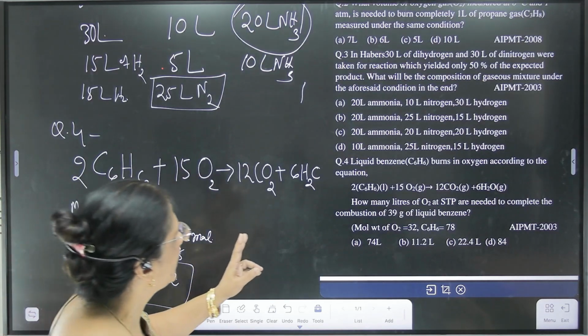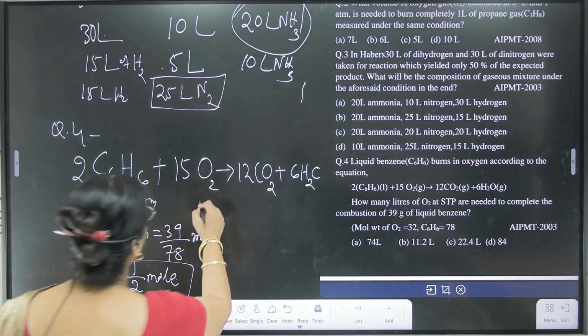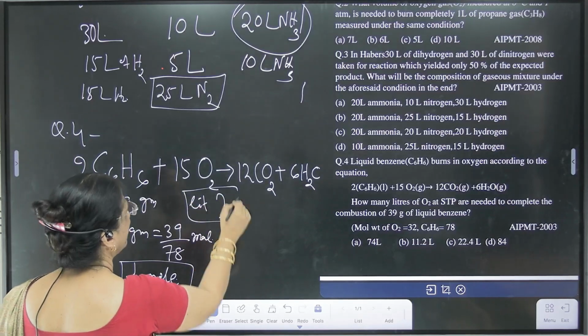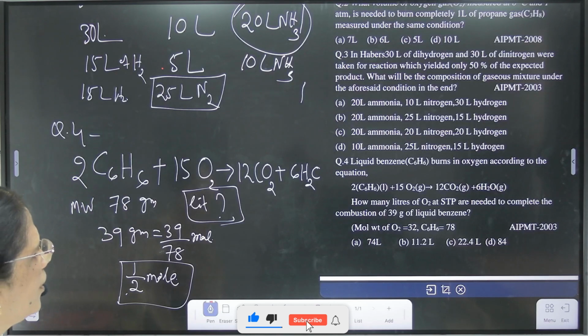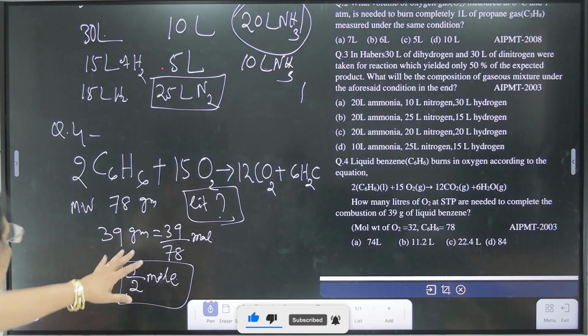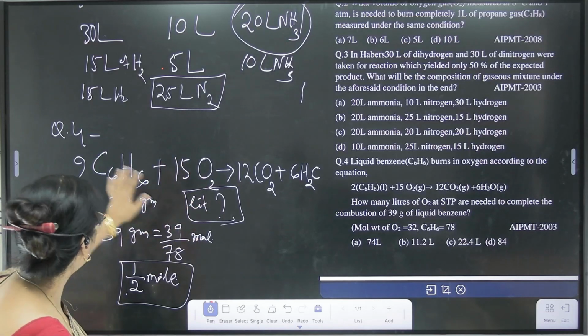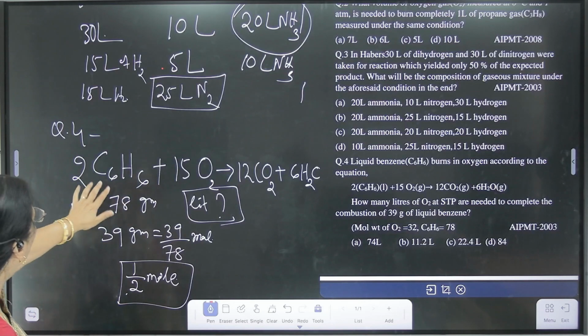So what is the question asked? How many liters of oxygen at STP are needed to complete the combustion of 39 gram of benzene. Now we have to find out the volume of oxygen in liter for the complete combustion of half mole of benzene.